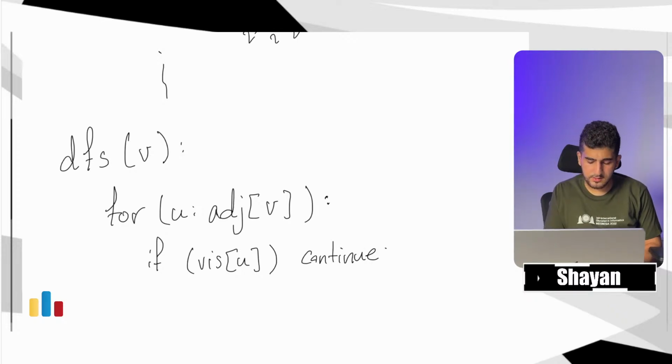And we shouldn't forget to set visited of v equal to true in here as well.